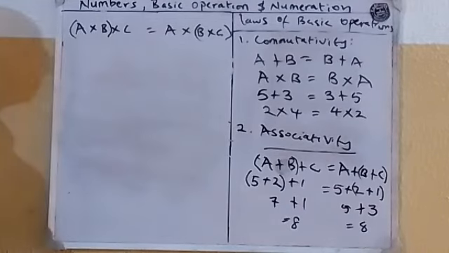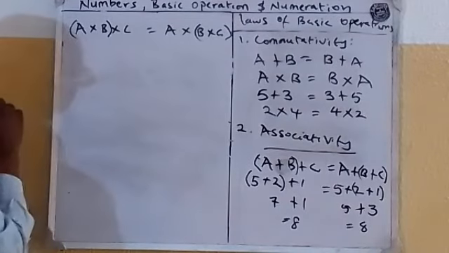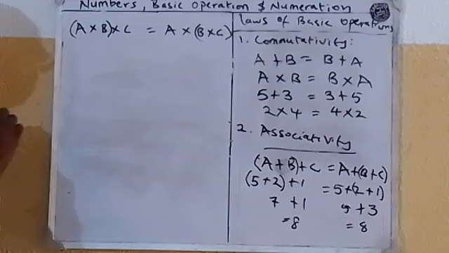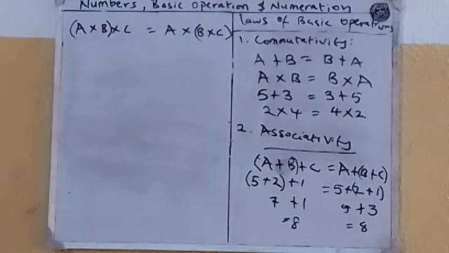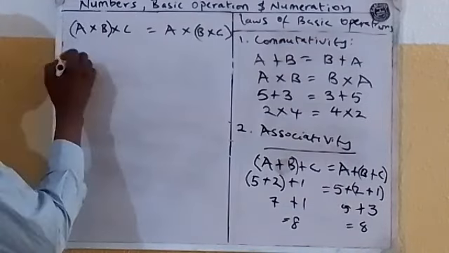So multiplication and addition are associative. But what about subtraction and division? They are not associative. I will put a rule generally for all of them before we finish.